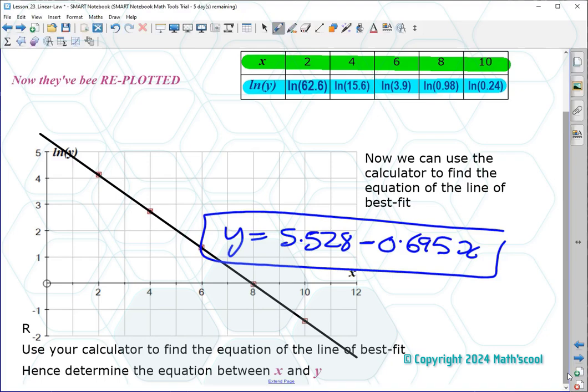It says negative 0.695, and we're getting negative 0.692. Go back to yours and go back to regression. Yours might have 2 different types of regression: a y on x regression and an x on y regression. You need to do the y on x regression line.